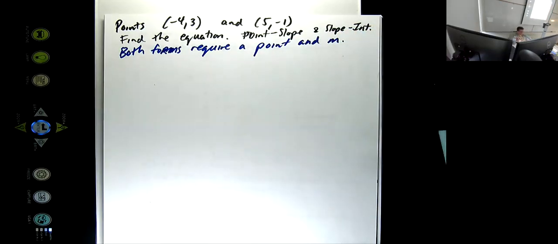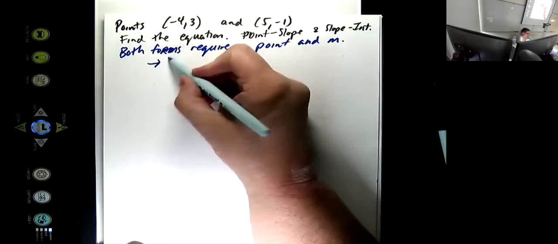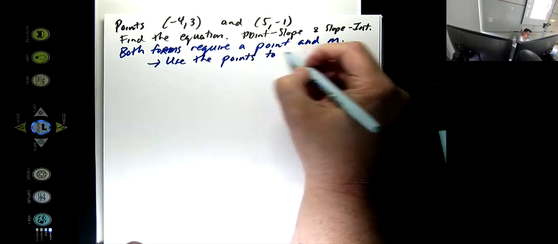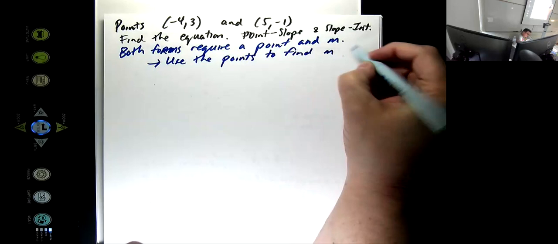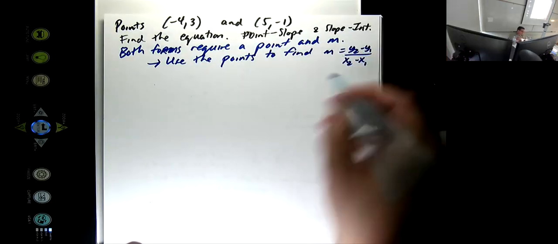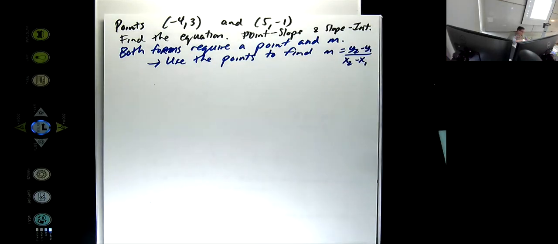So what can we do? We don't have that, do we? We have 2 points. Can we get m? Yeah. So let's use the points to find m. We're calling that y2 minus y1 over x2 minus x1. Take a second and figure that out, see what you get.